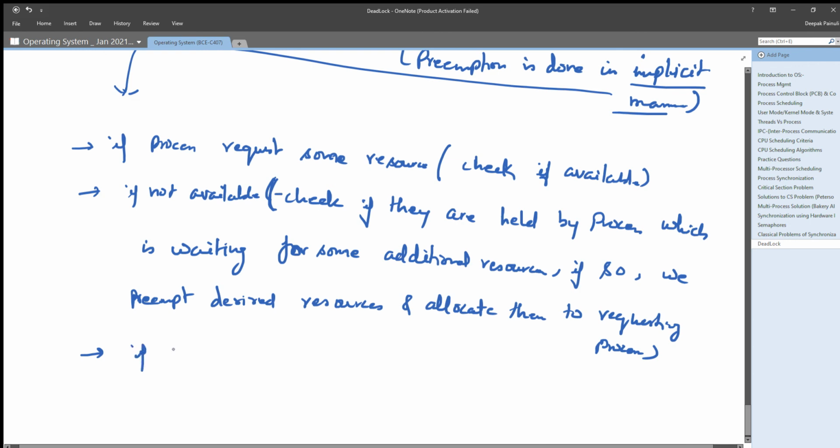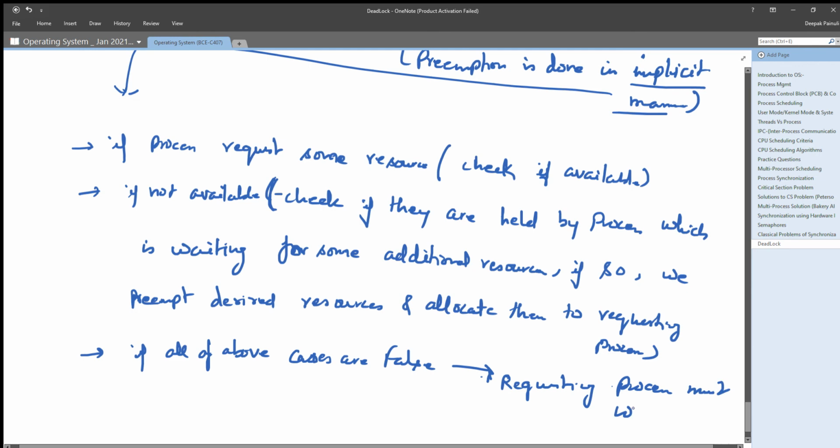And if all of the above cases are false, then simply that particular process, the requesting process, must wait. The requesting process has to wait, right?